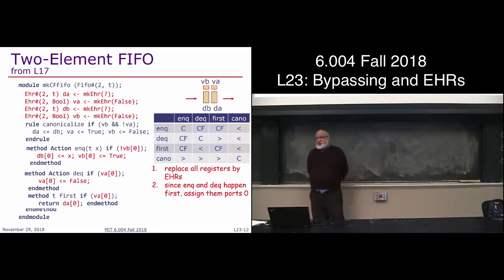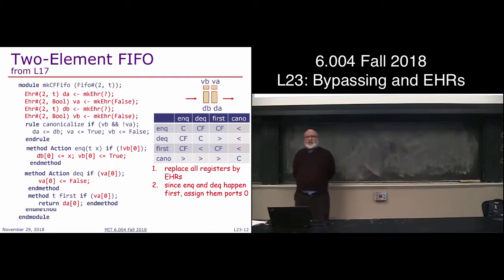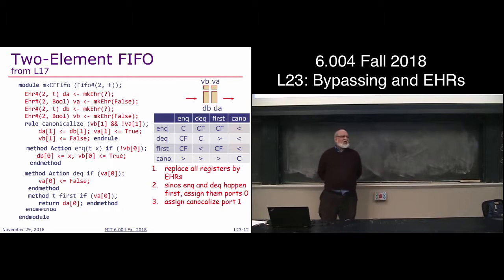We could do this much before, we knew that. I mean, just using registers, NQ and DQ were going in parallel. Our only problem was canonicalize couldn't execute because it conflicted. So now what are we going to do to our canonicalization rule? It is just waiting for all these other methods to execute, right? And if anybody executes, they'll be writing in zero, so it's going to go and read once. It does bypassing. So this is the solution here. I have replaced everything in the canonical methods with zeros by ones.